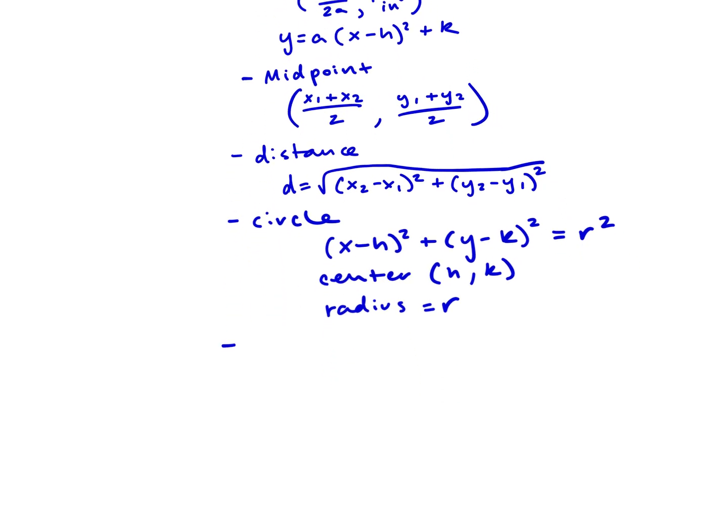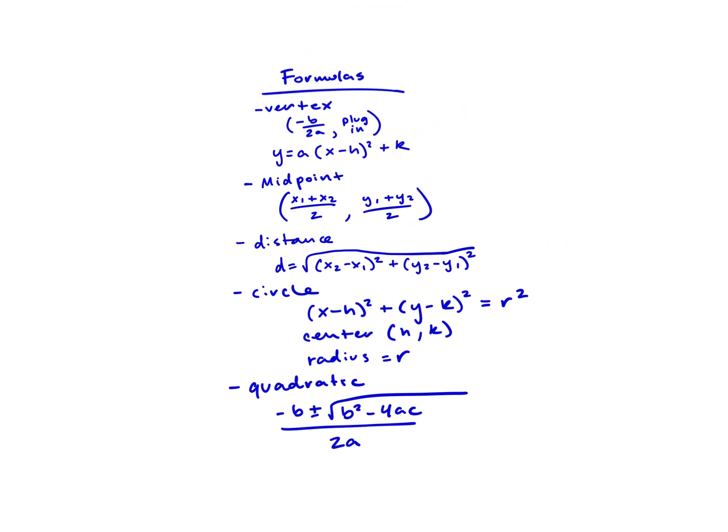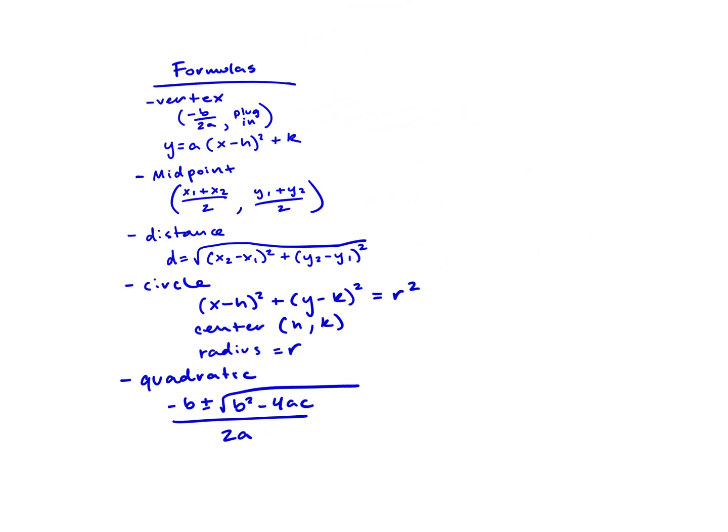You should know your quadratic formula too. Negative b plus or minus the square root of b squared minus 4ac over 2a. So these are formulas that you should know that are not given to you.